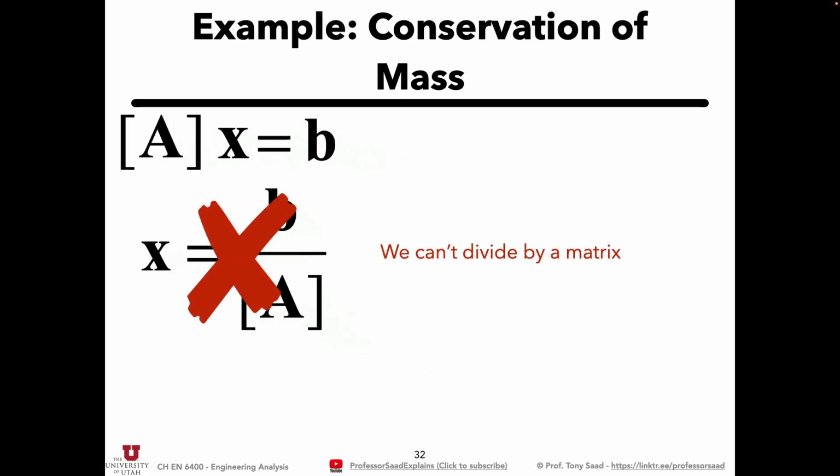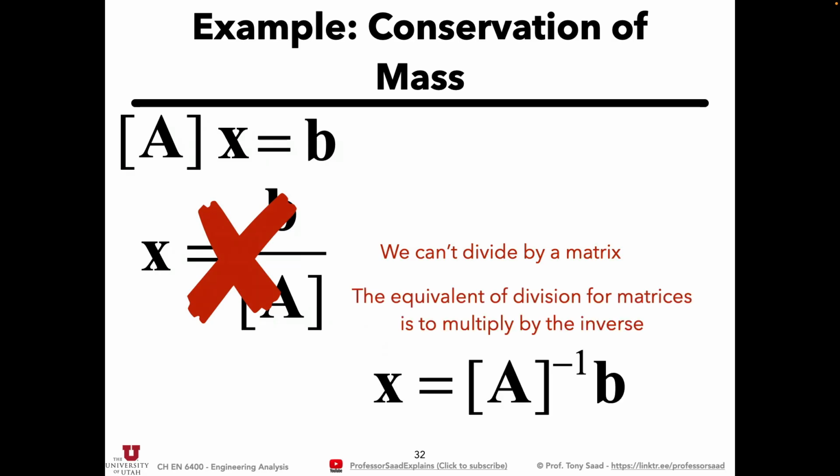You cannot divide by a matrix. It's undefined. We don't know what the division by a matrix is. In fact, 1 over A is represented generally as A inverse. So that's why we call it the inverse. It's simply like doing B over A in a single equation.